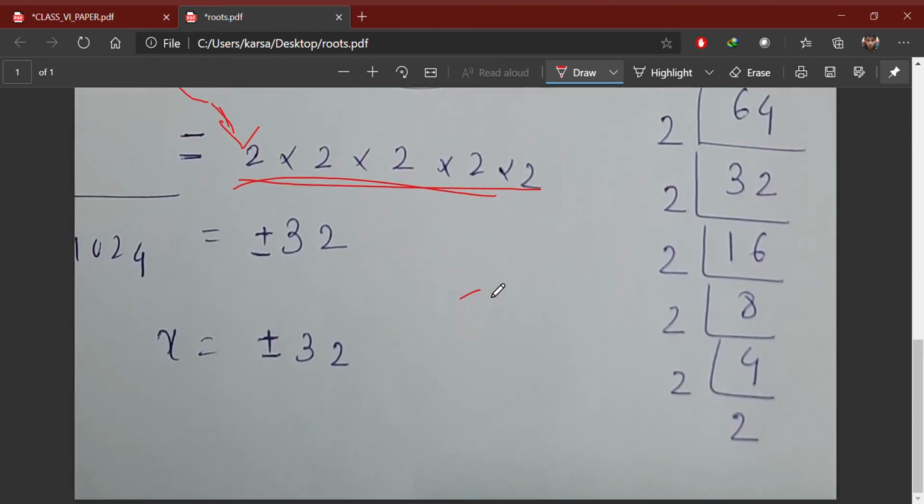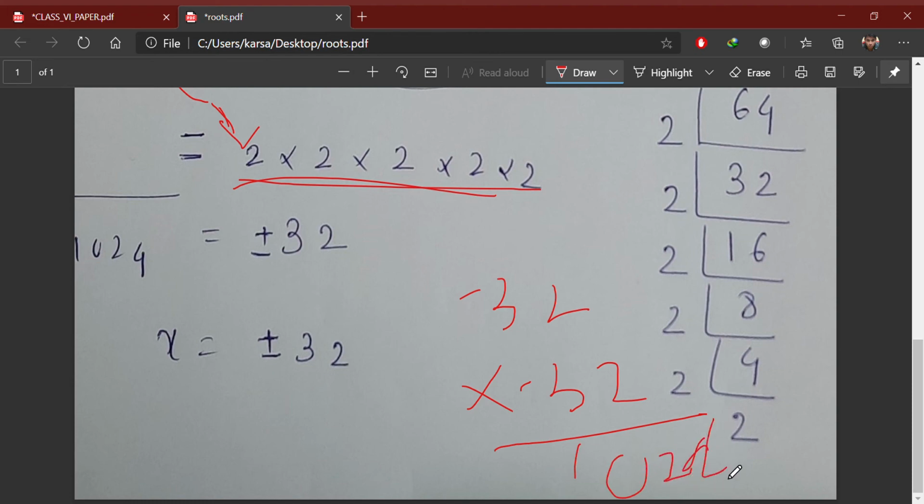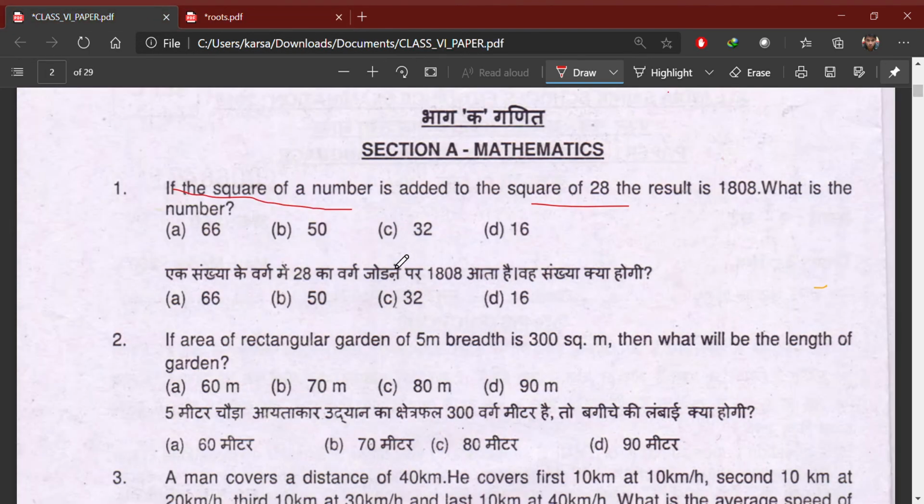if we multiply minus 32 into minus 32, the answer is still 1024. So there are basically two answers, plus 32 and minus 32. In this question the answer given is plus 32.